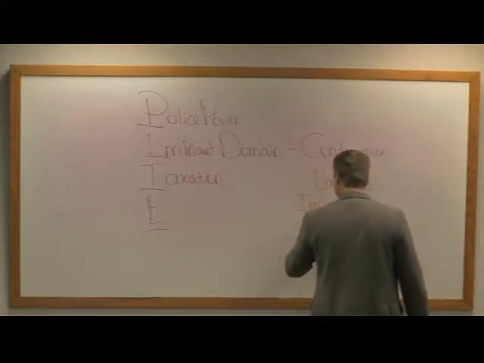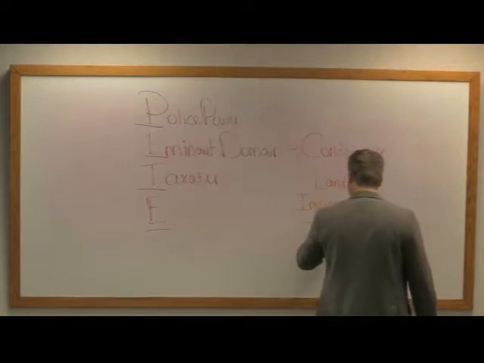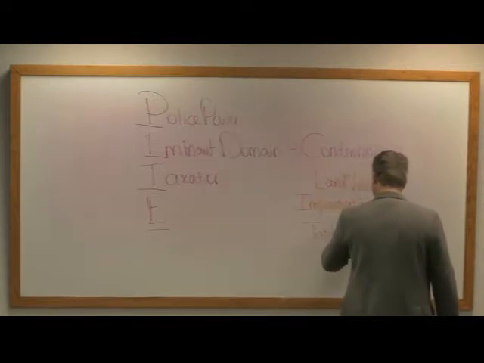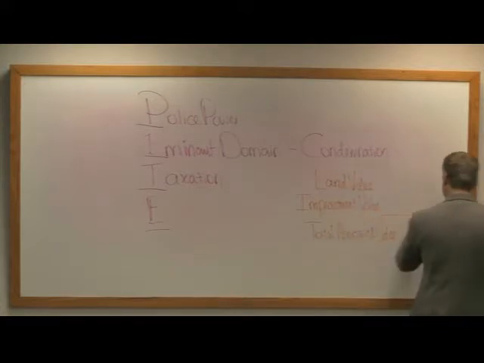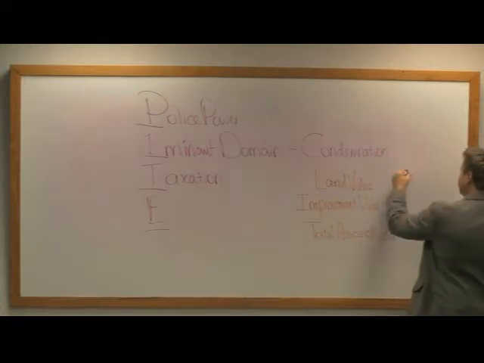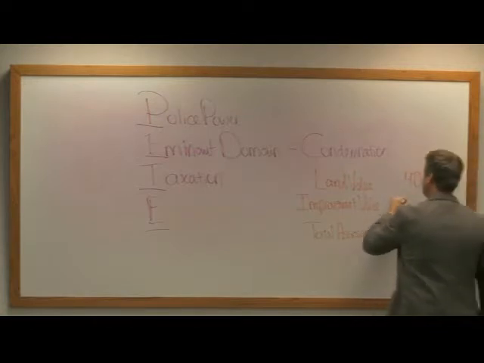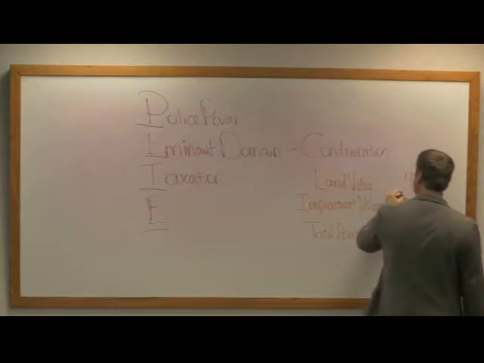And then you would see the total assessed value. So let's say our land value is $40,000, and let's say our improvement value is $180,000.